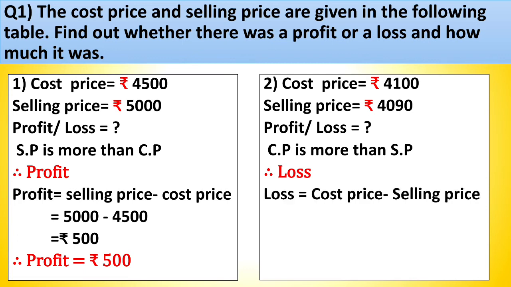And the formula for the loss is cost price minus selling price. So cost price is given how much, student? 4100 minus 4090. For rough work you will do the subtraction with a pencil. So here you get how much rupees? 10. It means the loss is how much? Rupees 10.